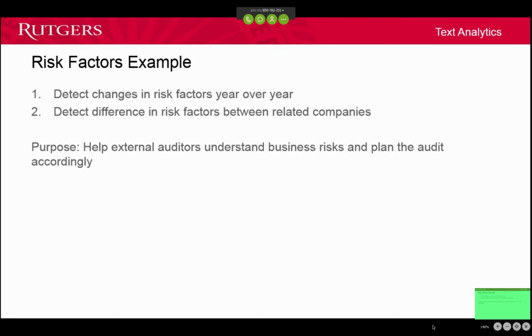So let's say there's Microsoft, Apple, Google, or what's a different, let's say there's Boeing versus Airbus, okay? Maybe they should have the same risk profiles, but maybe they disclose different risks, and I want to know about it.